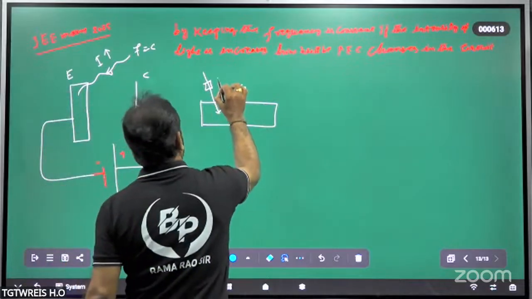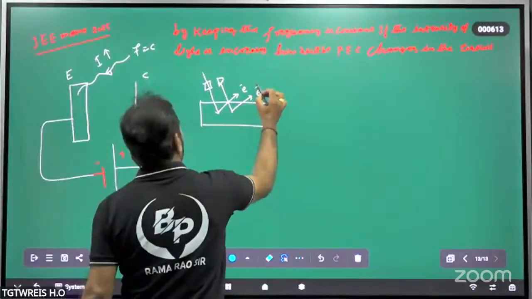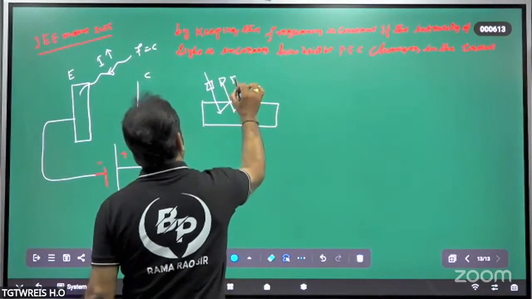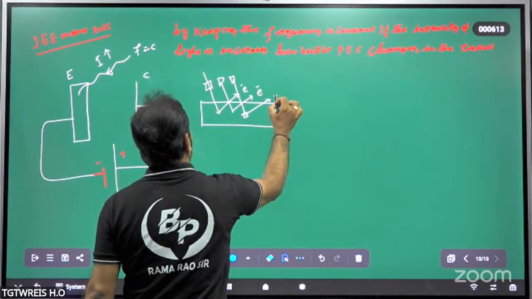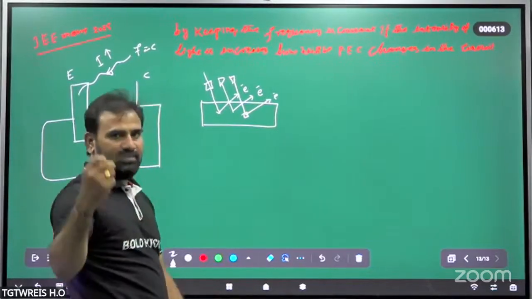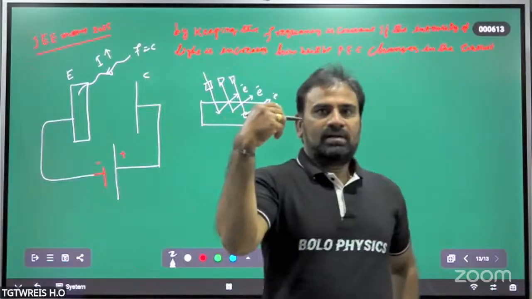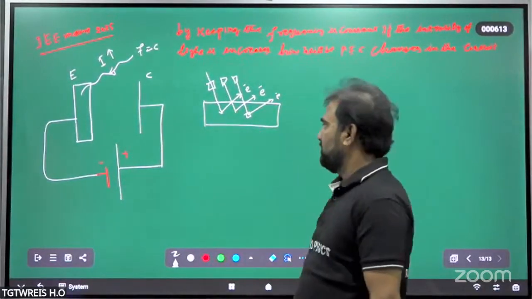When another photon is incident, one more electron is emitted. When a third photon is incident, a third electron is emitted. That means the emission of electrons is directly proportional to the number of photons incident on the metal surface.